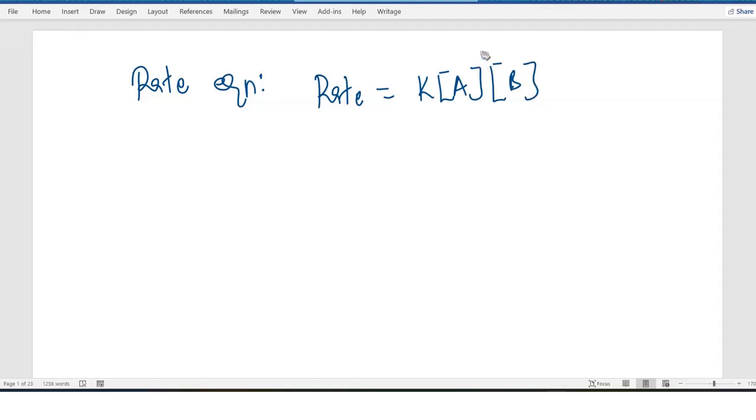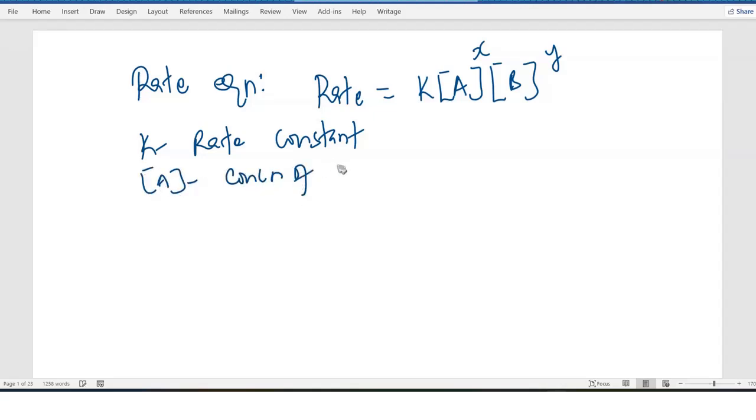We're talking about reactants here, not products. You must note that the rate equation is always in terms of the concentration of the reactants, not the products. We had earlier said that k is the rate constant. Then this is the concentration of reactant A, and this is the concentration of reactant B.